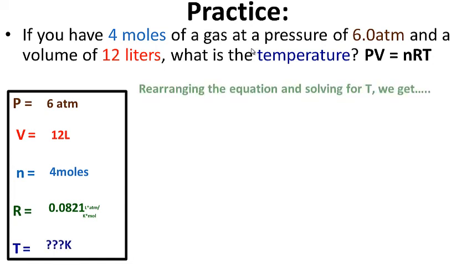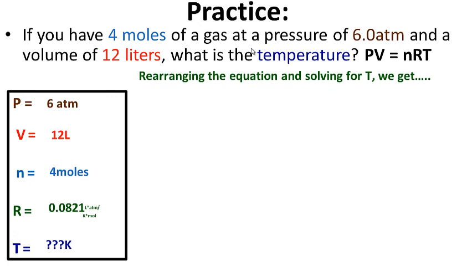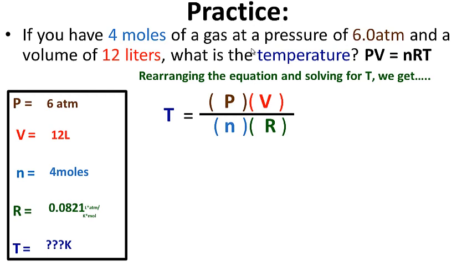So let's rearrange our ideal gas law for T. We get the following equation. Notice I just brought over my n and R and divided by my pressure and volume.